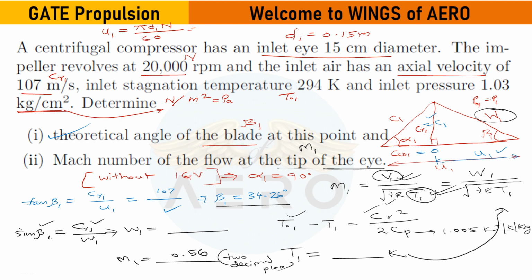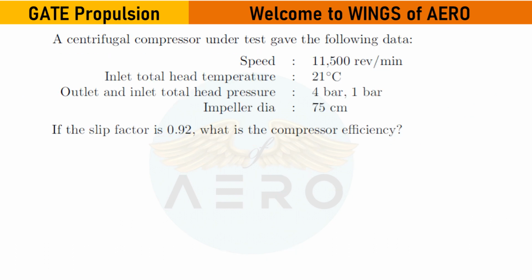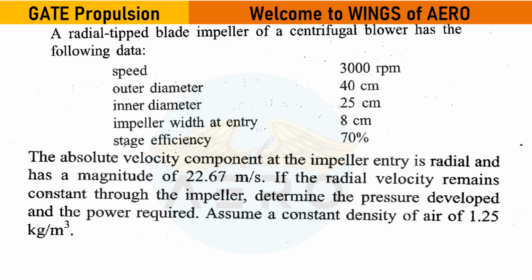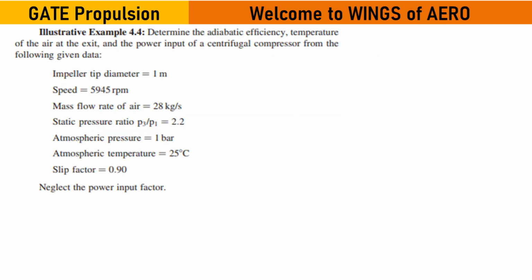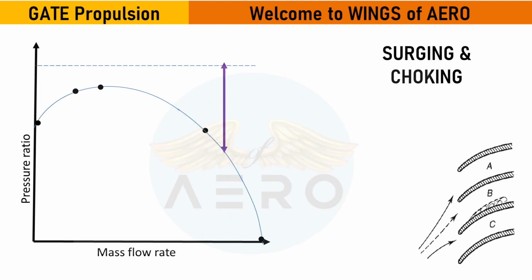You should ensure what I am asking, or what type of answer GATE is looking for. This is a very important thing. So when you are practicing, practice likewise. These are the problems which I will give you for the assignments, and along with that we will give you the solution.